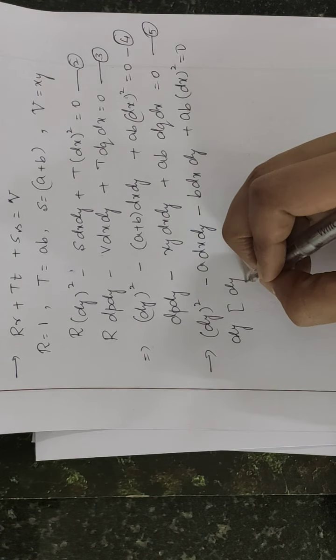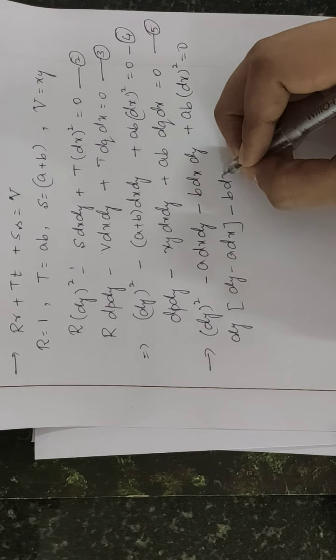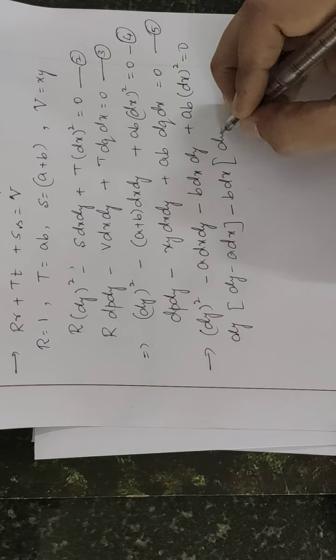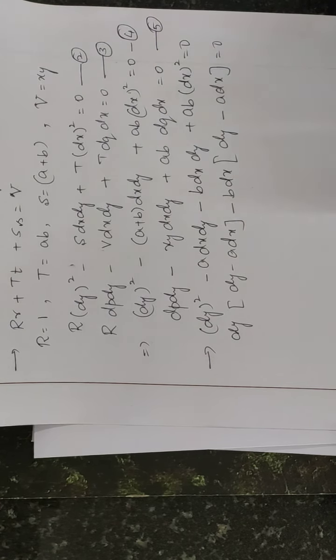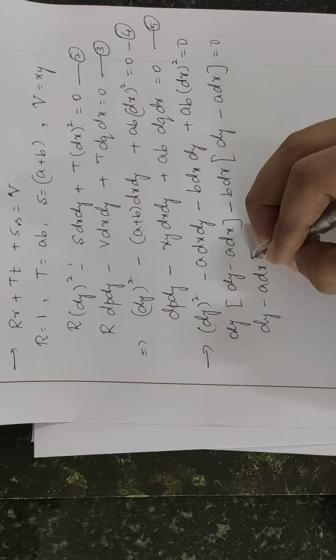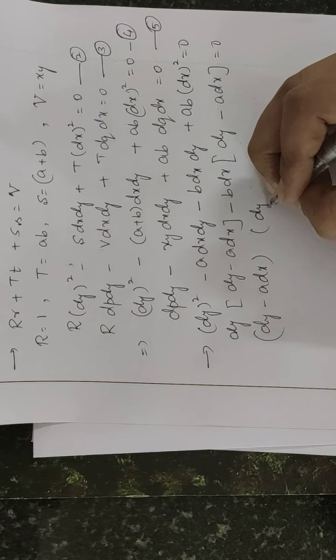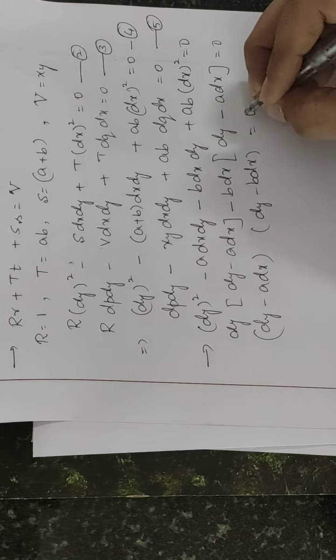So you will get dy minus a dx into dy minus b dx is equal to 0.